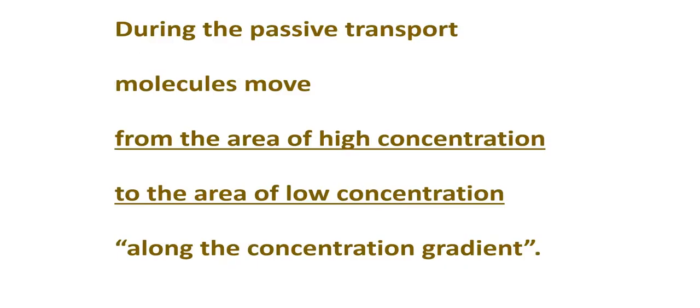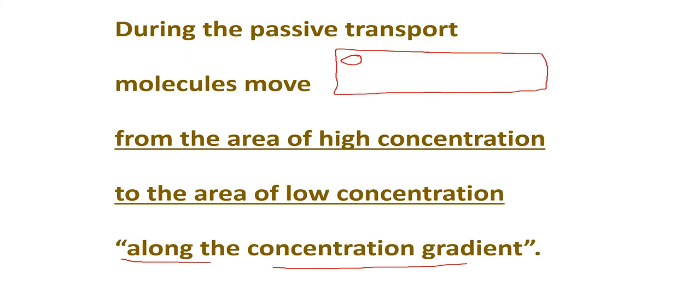During passive transport, molecules move from the area of high concentration to the area of low concentration. It is called moving along the concentration gradient. So if we have, for example, a glass filled with water, the little dots I draw here are water molecules. Then I put in a crystal of salt.